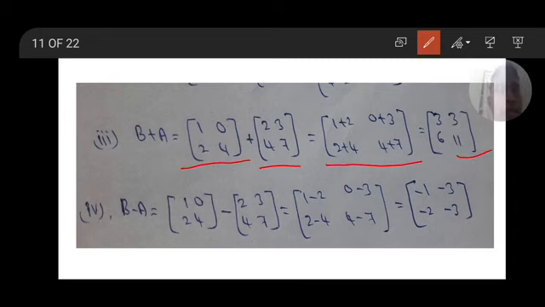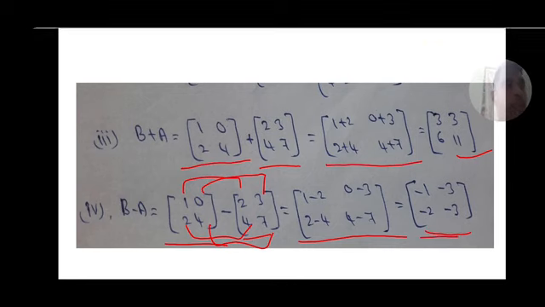B minus A: corresponding elements are subtracted: 1 minus 2 is minus 1, 0 minus 3 is minus 3, 2 minus 4 is minus 2, 4 minus 7 is minus 3.